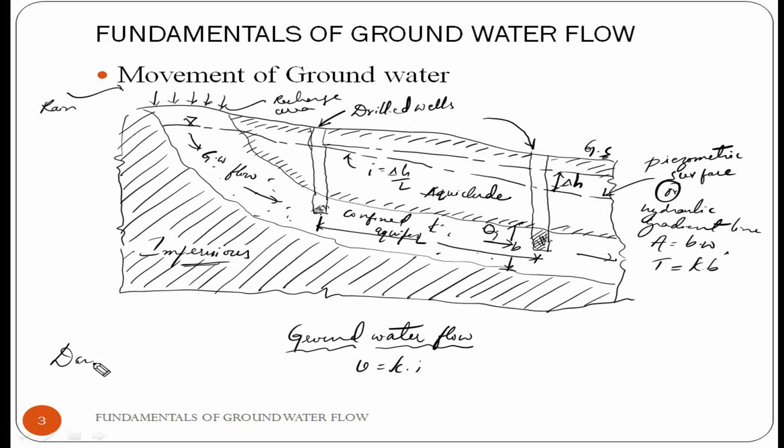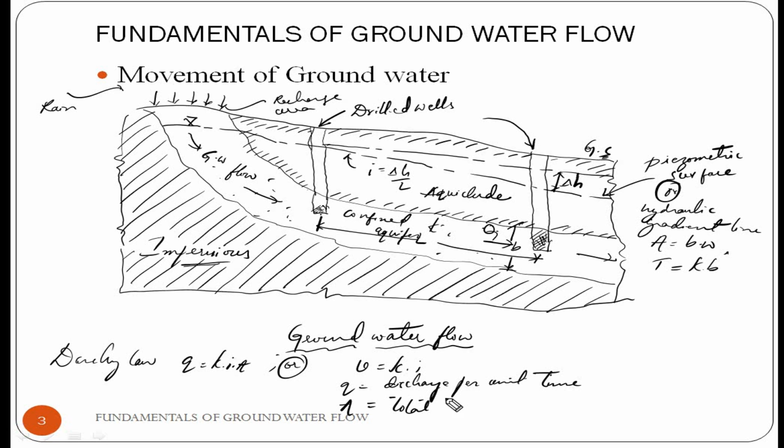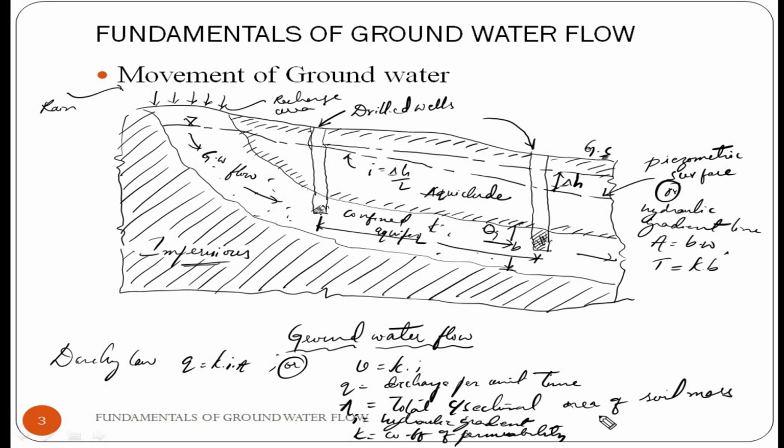So Q is equal to KiA or V is equal to Ki, where Q is equal to discharge per unit time, capital A is equal to total cross sectional area of soil mass, small i is equal to hydraulic gradient, K is equal to coefficient of permeability and V is equal to velocity of flow.